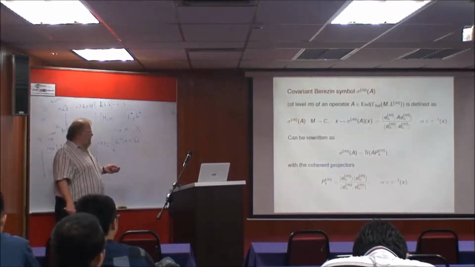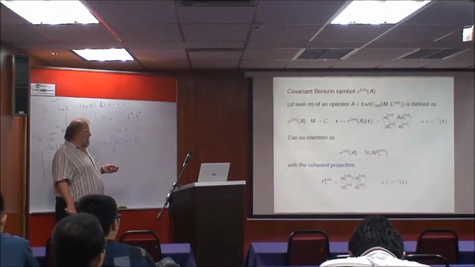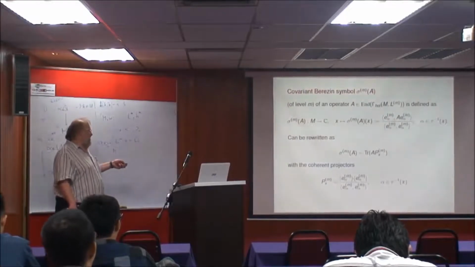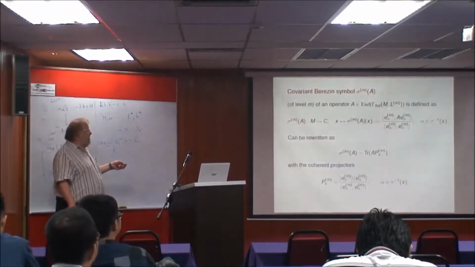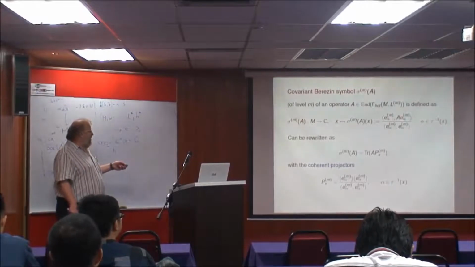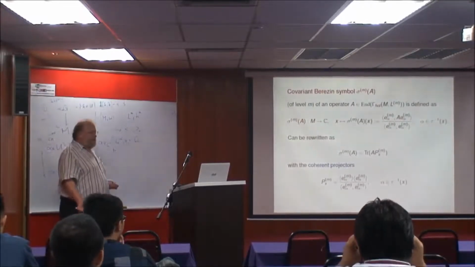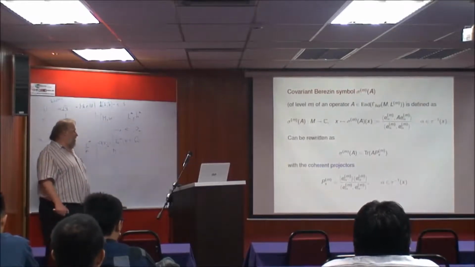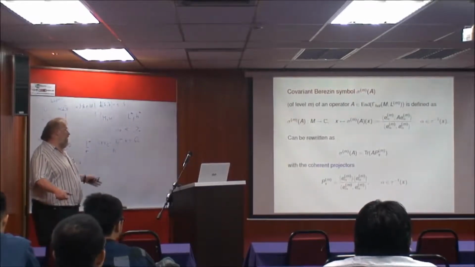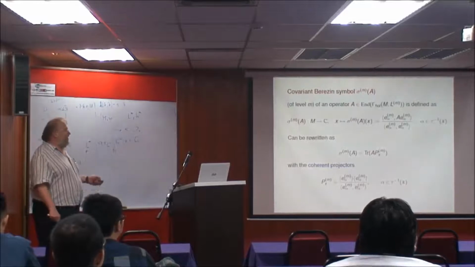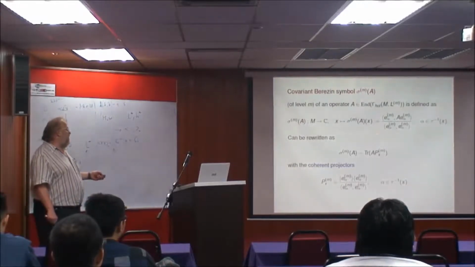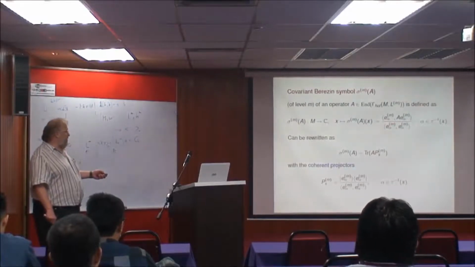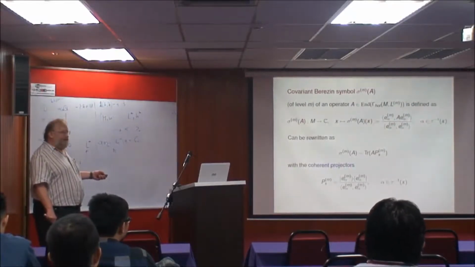And now we have the scalar product of M and A E alpha M. This is the important part. But if you check this, you will find out that this is not really independent of the choice of alpha, so you renormalize the thing to make it independent of the choice of alpha.